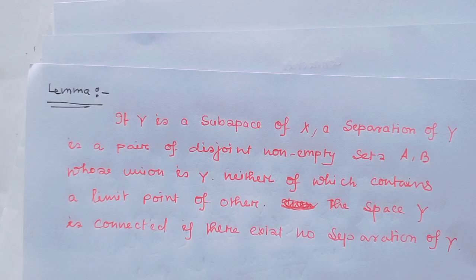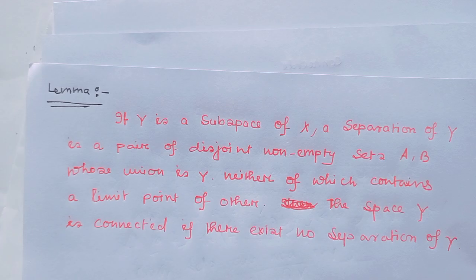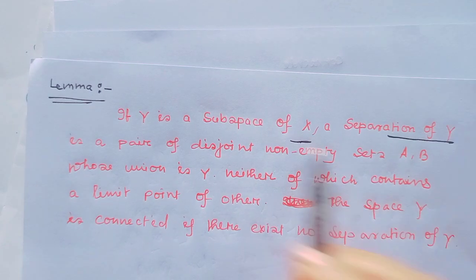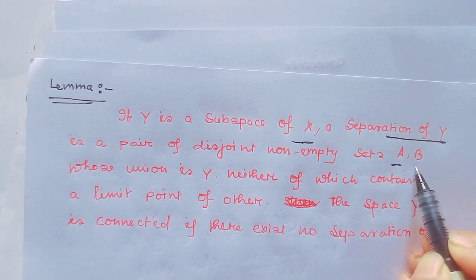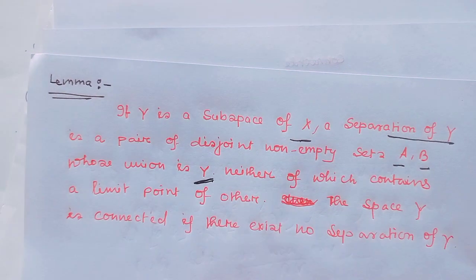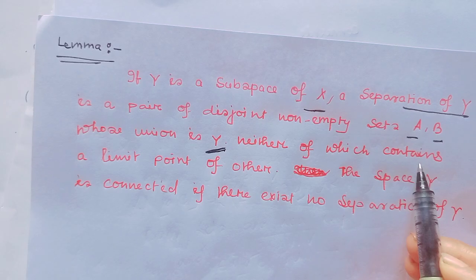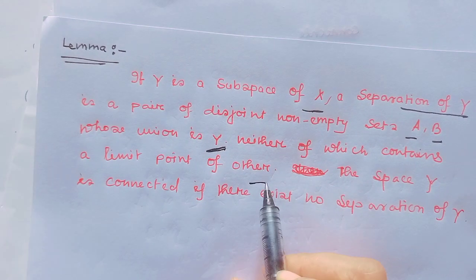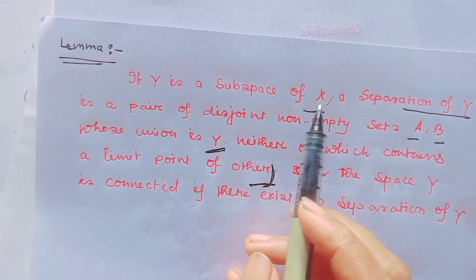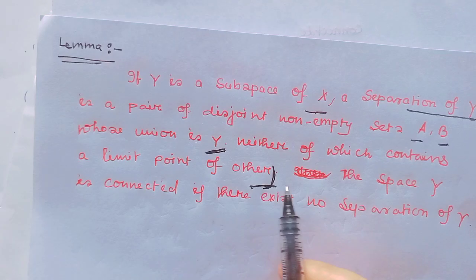Separation in subspace topology, and what is connectedness in subspace topology? If Y is a subspace of X, then a separation of Y is a pair of disjoint non-empty sets A and B whose union is Y, neither of which contains a limit point of the other.